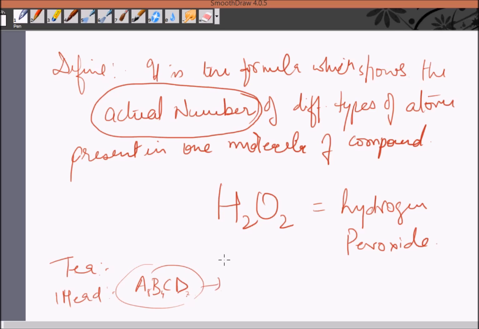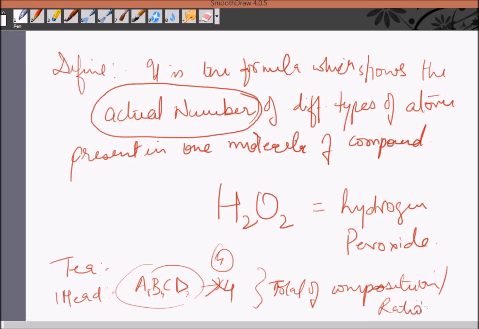So if I want to prepare for 4 people, we just have to multiply this by 4, right? So we can get the total composition, or you can say the ratio of the ingredients of the tea. Similarly, here is the molecular formula, which is just the multiple of empirical formula.